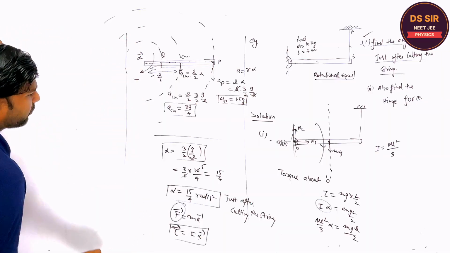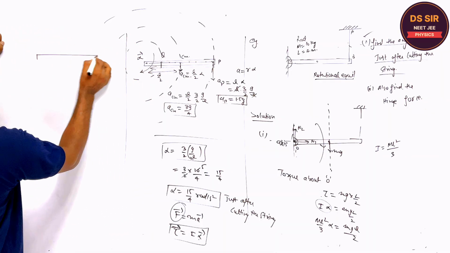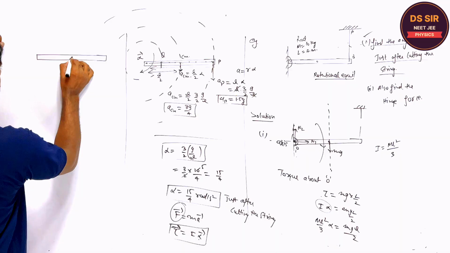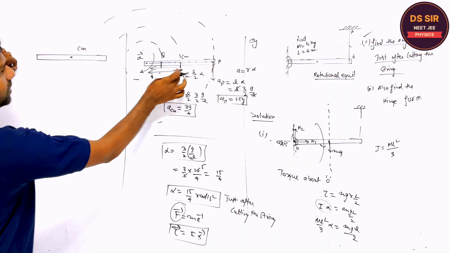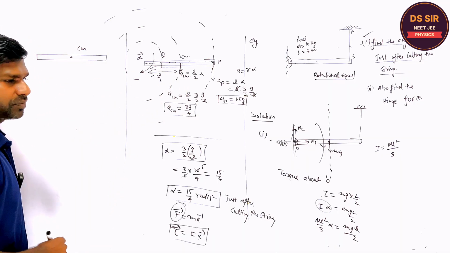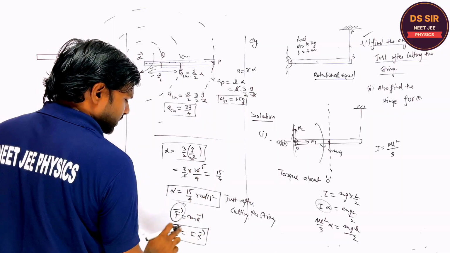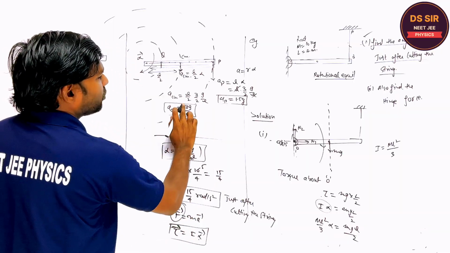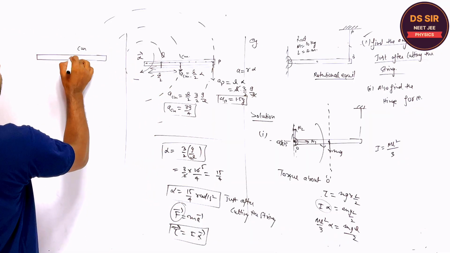Now can you make the FBD of this center of mass once again? This is the center of mass. What is the acceleration at this time? The acceleration of the center of mass is a_cm. What is that? 3g by 4. And what is the direction of the acceleration?